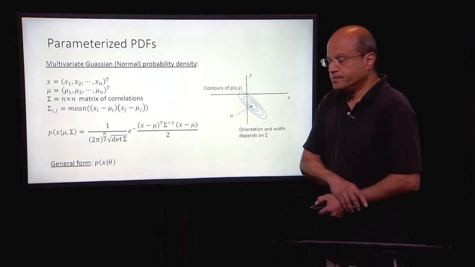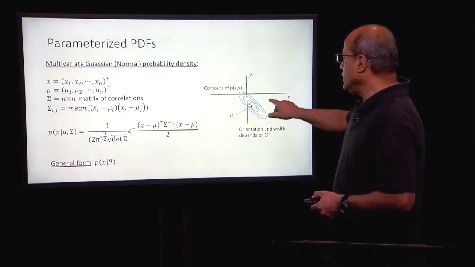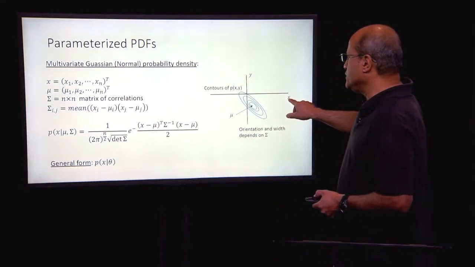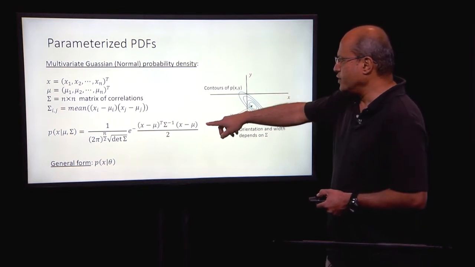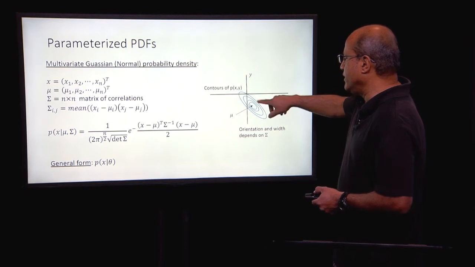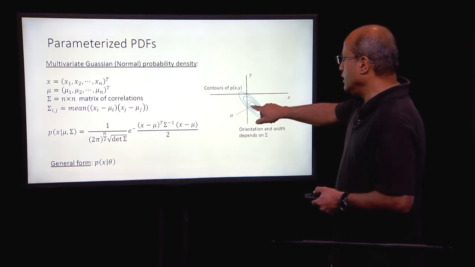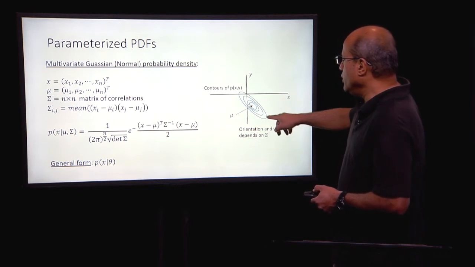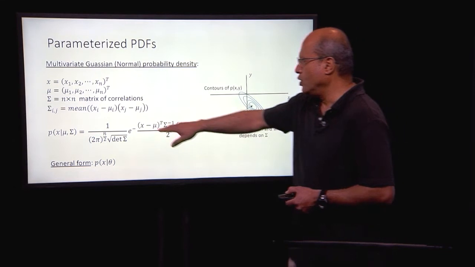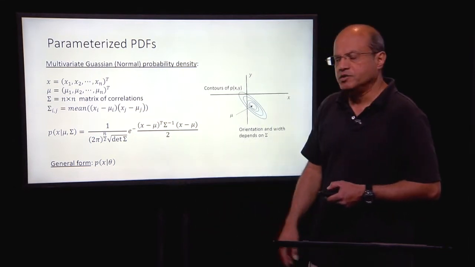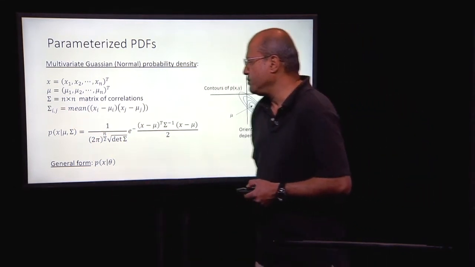And in the two-variable case where x1 is x and x2 is y, the contours of that multivariate Gaussian look exactly like this, where these are symmetric or they are centered around the mean, and the orientation and the width of these contours actually depends on the contents of the covariance matrix sigma ij.